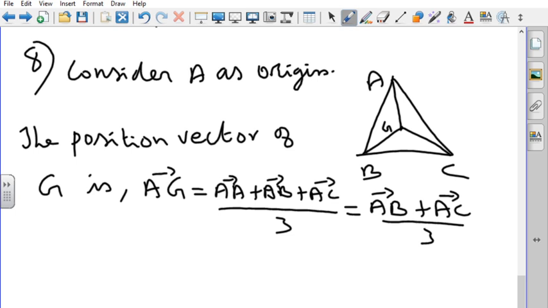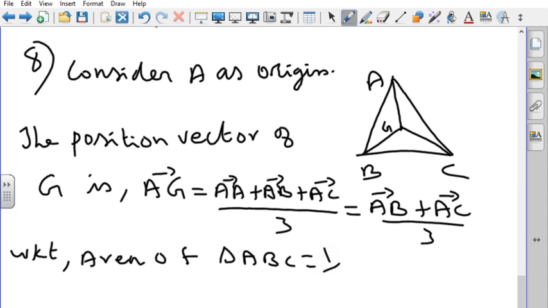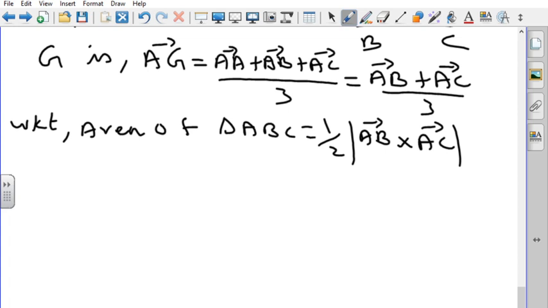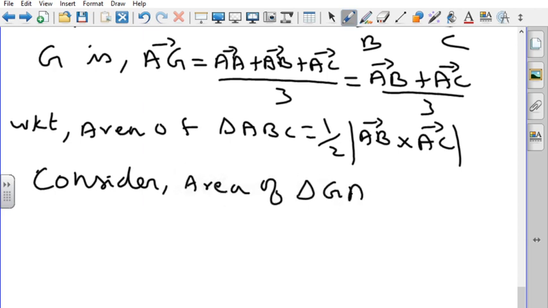So now we know that area of triangle ABC is equal to half into modulus of AB vector cross AC vector. AB and AC are the adjacent sides. Now consider area of triangle GAB.